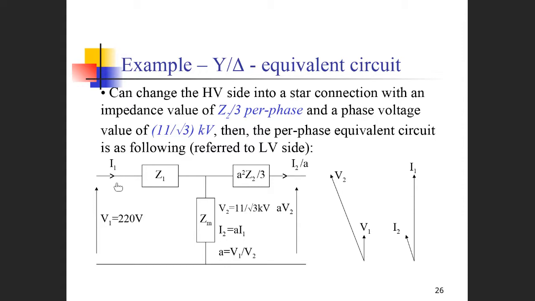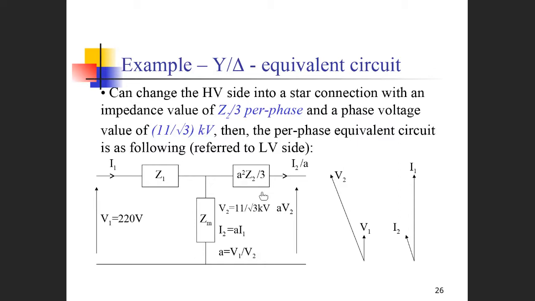The phase current, that is also the line current, we suppose I1. The per star phase impedance on the low voltage side is Z1. And the secondary, the high voltage side, is a delta connection, and the per delta phase impedance is Z2.